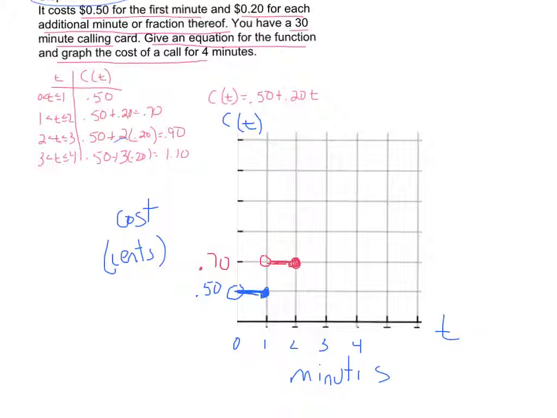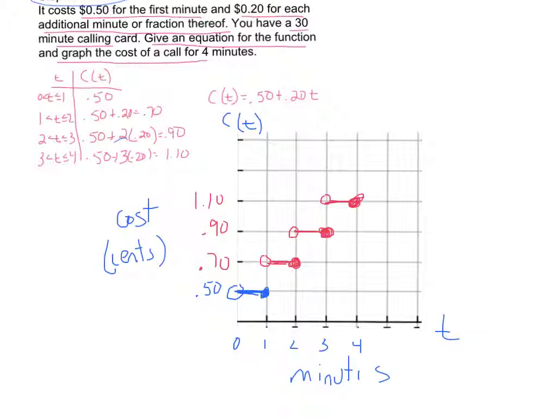And guess what? After 2 minutes, you jump again, and you pay another 20 cents. And you step up. At 3 minutes, you still paid only 90 cents, but as soon as you jump past 3 minutes, you jump again, because now you're going to pay $1.10. Step, close your circle, and it just keeps repeating.